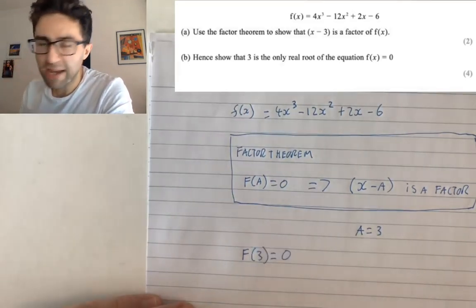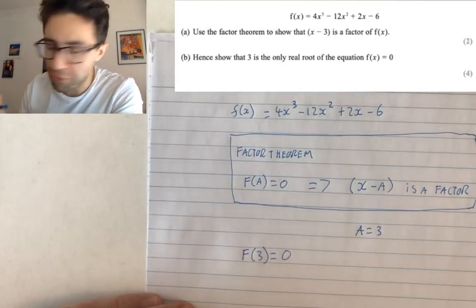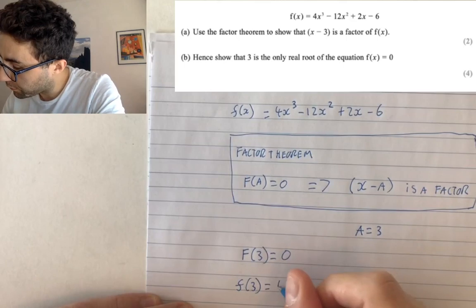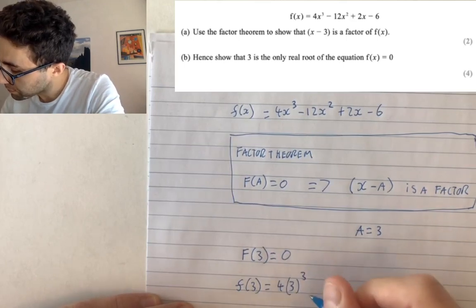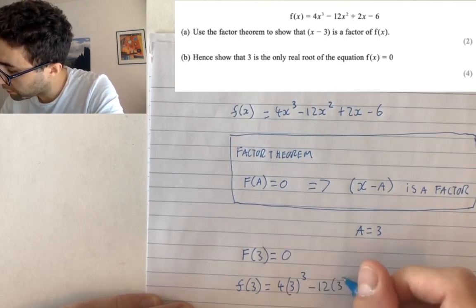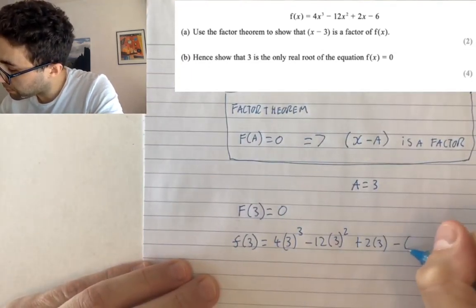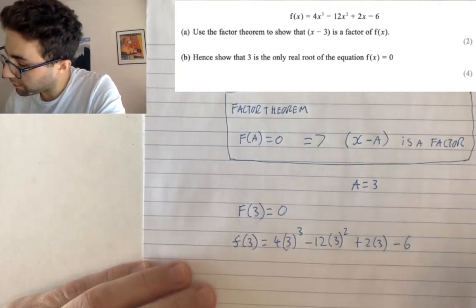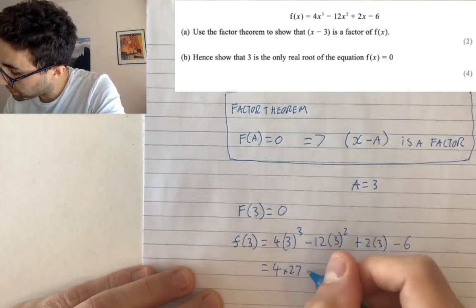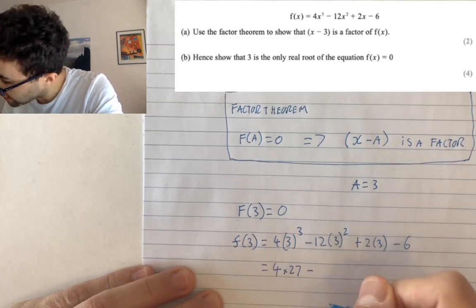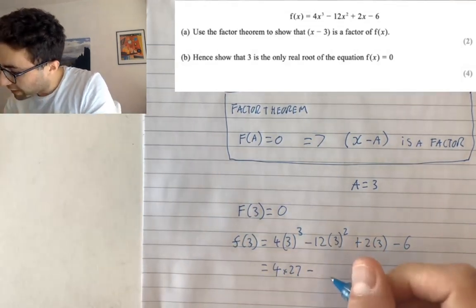Maybe I used capital just to emphasize the theorem, but we're going back to small notation now. So f of 3 equals 4 times 3 cubed minus 12 times 3 squared plus 2 times 3 minus 6, which equals 4 times 27 minus 12 times 9, what are we saying, 108 as well?